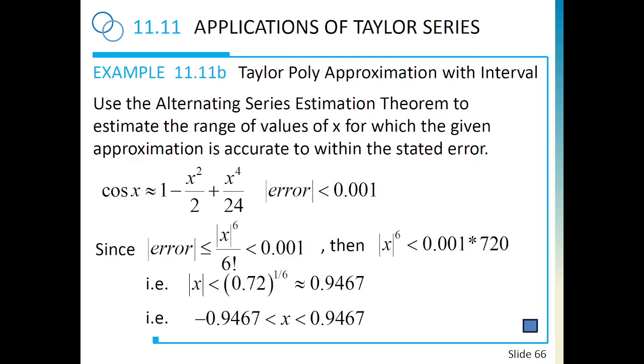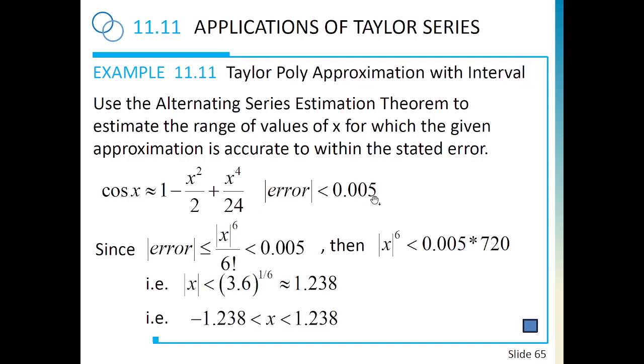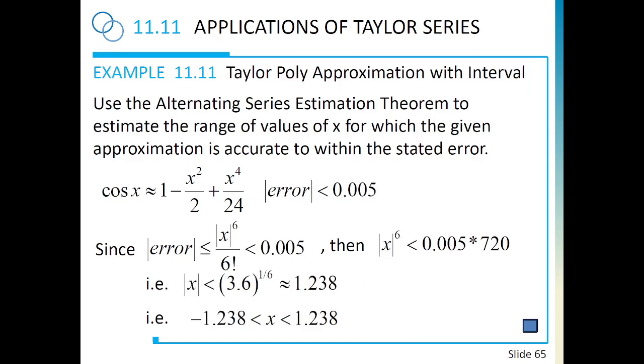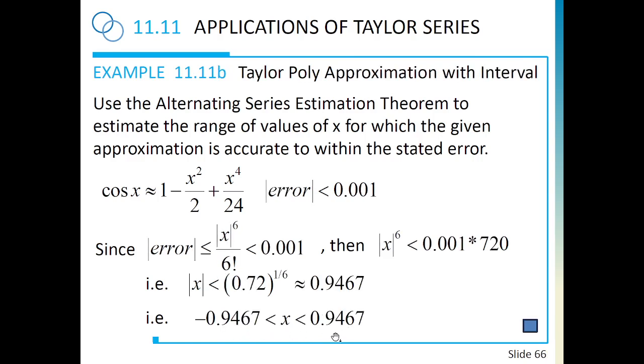Now the similar exercise, if I want better precision, so this is 0.005. If I want precision 0.001, so it's 5 times better, what happens? Well, we do the same algebra. What happens is that the interval shrinks. So you see here the interval is 1.238 plus minus, and here it is 0.9467.